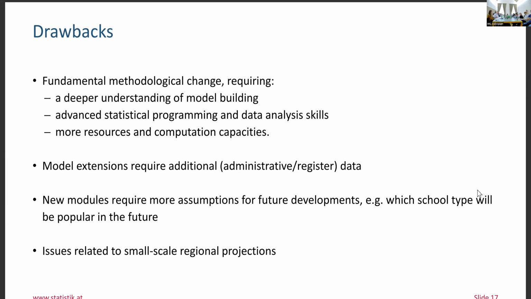This randomness effect plays a larger role when we have only a small population. The effect would be that in small-scale regional projections, you would get higher population uncertainty. For this reason, we conduct our population projection on the federal provinces level, because they are large enough to avoid this kind of problem.